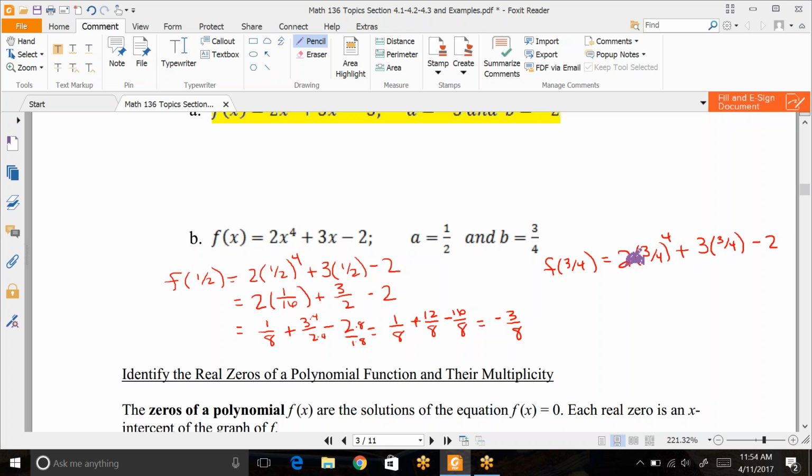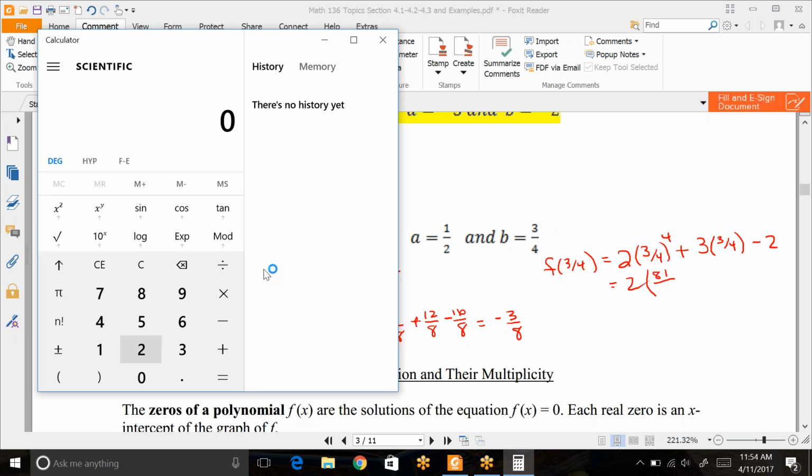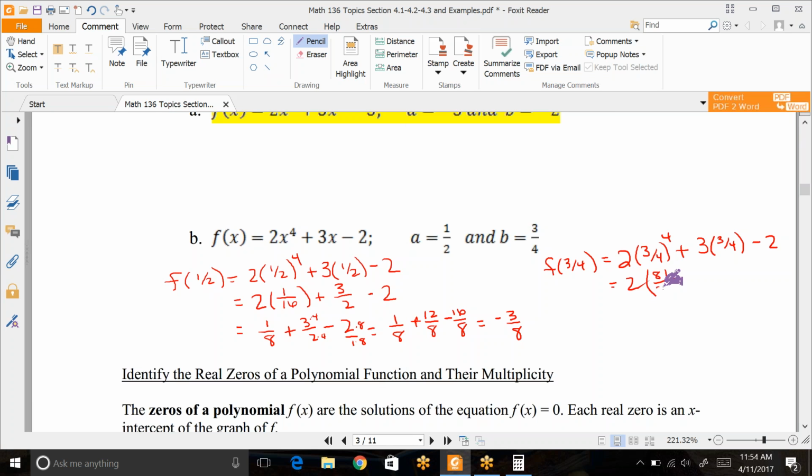Still plugging it into our function. This would be 2, and that would be 81 over, let's see, 4 to the 4th, I believe it's 256, but we're going to double check that. Yep, 256.